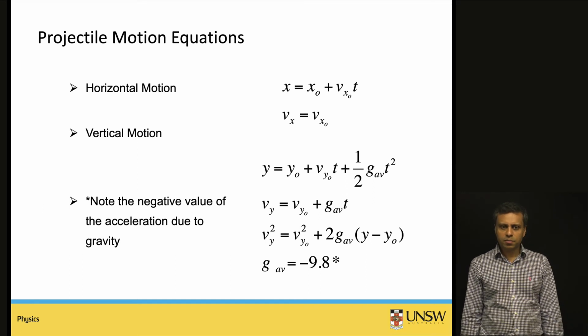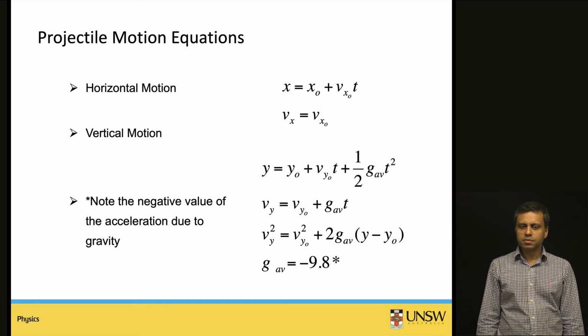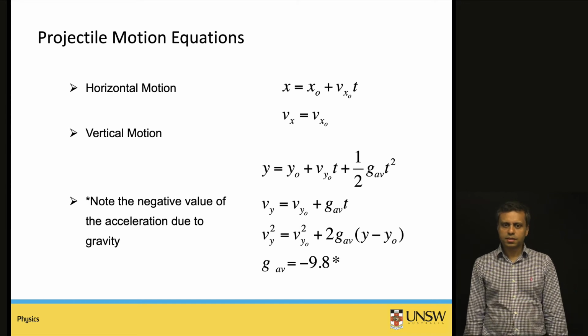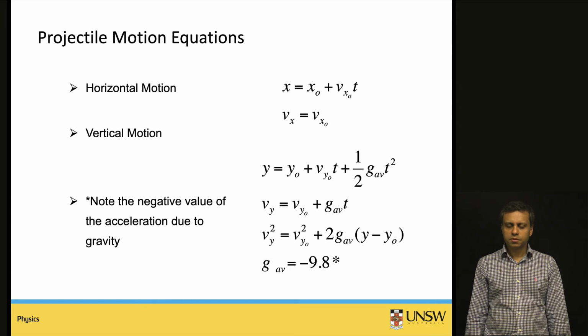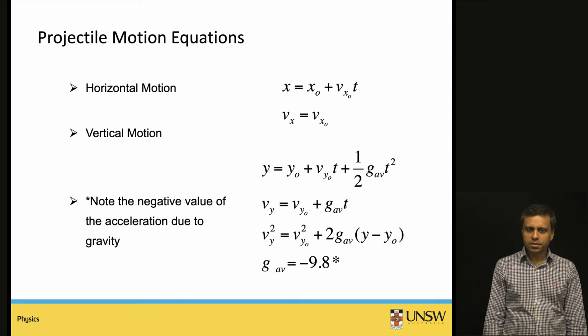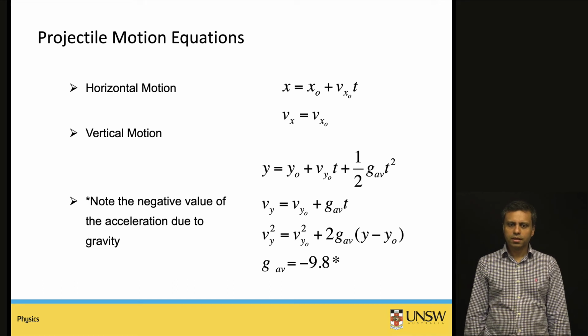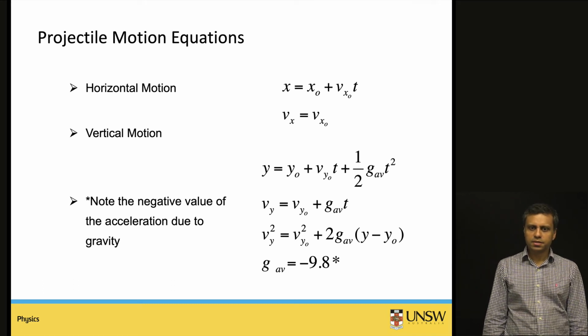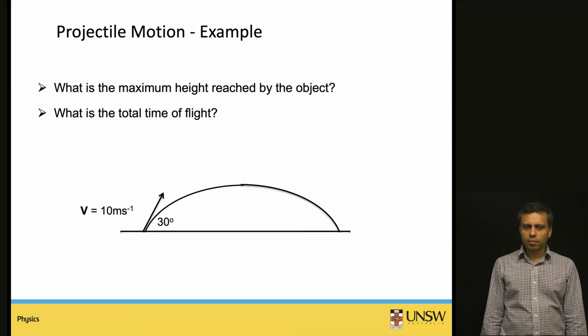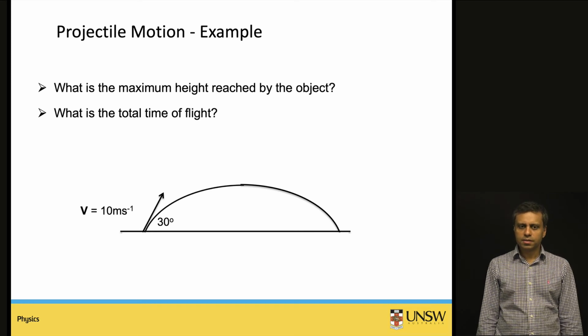In the case of vertical motion, the acceleration a equals minus g, because this is acceleration due to gravity. The particle is moving vertically under the force of gravity. So in the vertical direction, we can also apply the equations of motion for constant acceleration, but instead of a, we have to write g. Now let us work on a problem on projectile motion that will make things clearer.